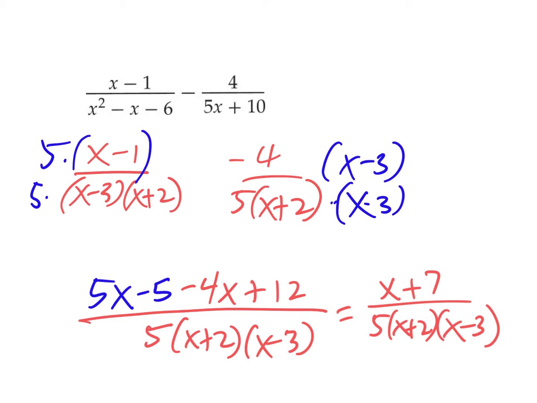I mean, it's not. But if this would have been an x plus 2, you could cancel them. If this was an x minus 3, you could cancel them. That doesn't mean that it wasn't big enough. This can kind of happen with these kinds of problems. That can happen. That doesn't mean you did anything wrong. That can happen though. So this is my answer.